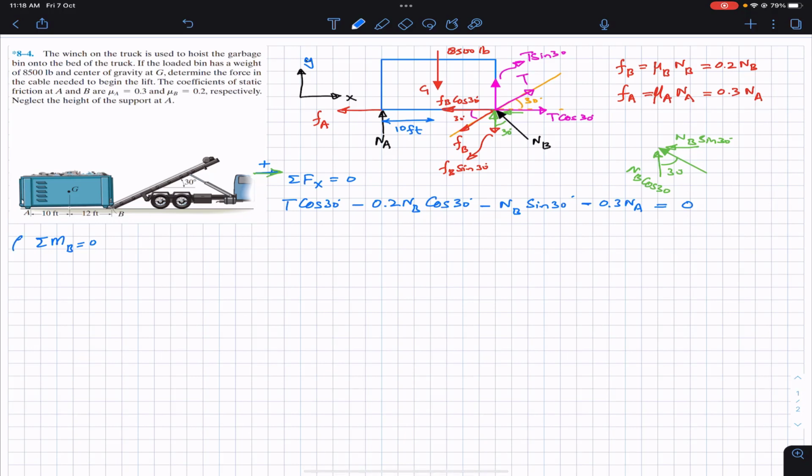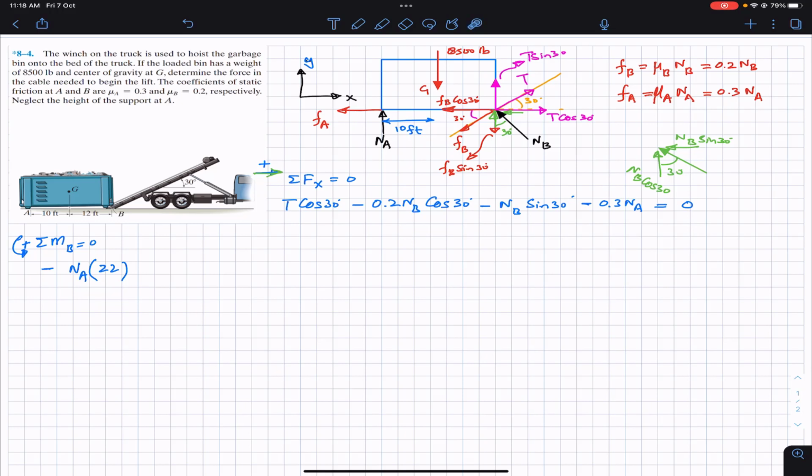Let's assume that the counterclockwise moment is positive. As we can see, this NA is producing a clockwise moment about point B. So I will write minus NA, and the perpendicular distance of this NA from point B is 10 plus 12, which is 22 feet. So I will multiply this with 22.